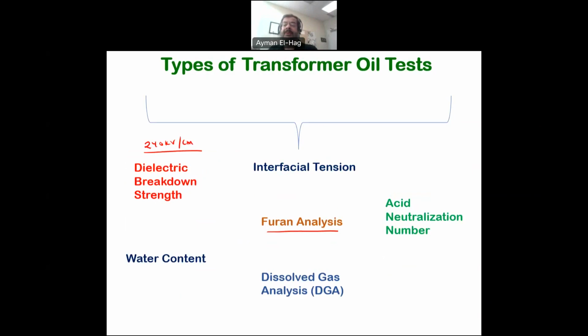Again, the transformer is subject to chemical reactions, one of them being oxidation. By knowing the acidity, or the acid number, of the transformer oil, we can also get a good idea about the quality of the oil. So that is a very brief video that gives you some important information about transformer oil.